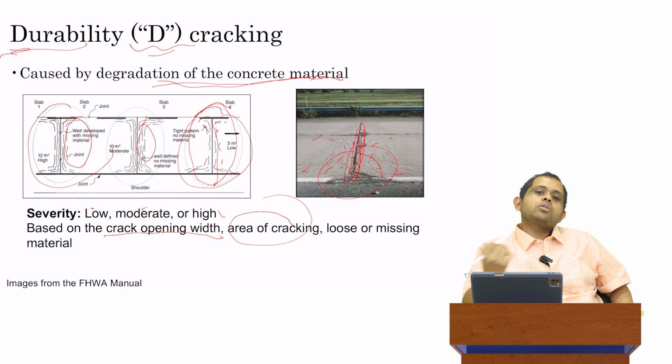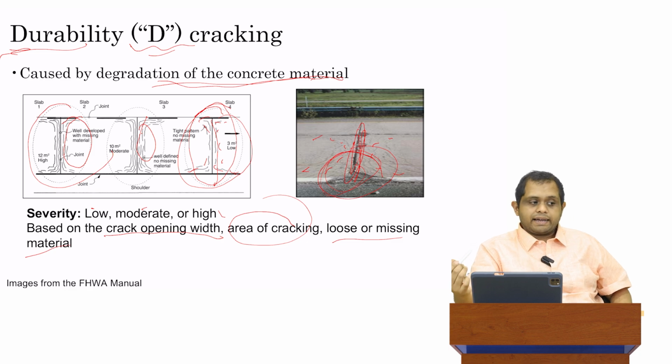And most importantly for D cracking, whether you have any loose or missing material, as you're able to see in the diagram over here. Whether the crack is so severe that the concrete is essentially starting to disintegrate and you're losing material rapidly, that's a condition where you would have severe D cracking. So D cracking depends on crack opening width, area, and loose or missing material.